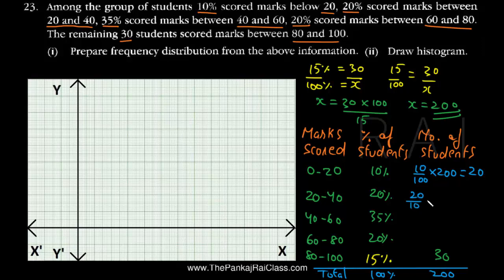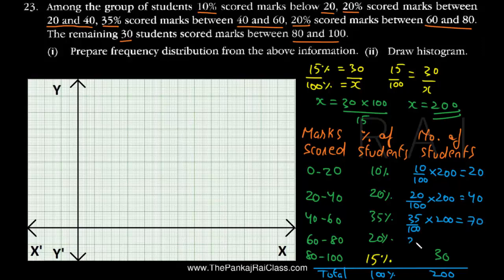20% of 200 will be equal to 40. 35% of 200 will be equal to, 2 zeros will get cancelled, 35 times 2, that will be 70.